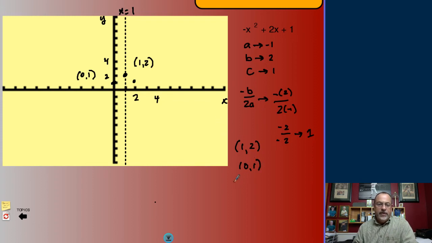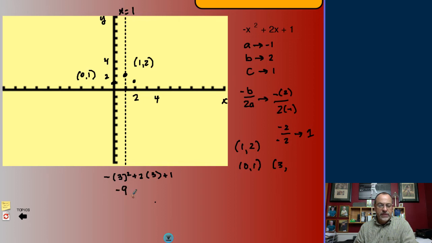And now to get my third point on this side, I need to choose another x value. Now, I'd like to choose 2, but I already know the coordinate at 2 because I did the corresponding one, so I need to go out one further. So let's choose 3. I'm going to substitute 3 into the expression and simplify.